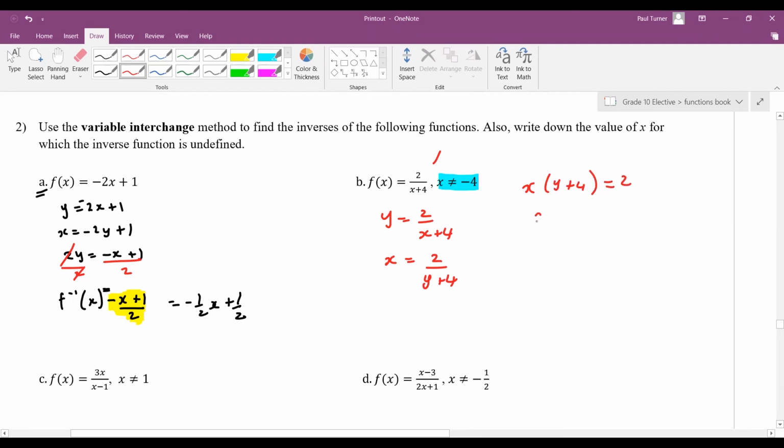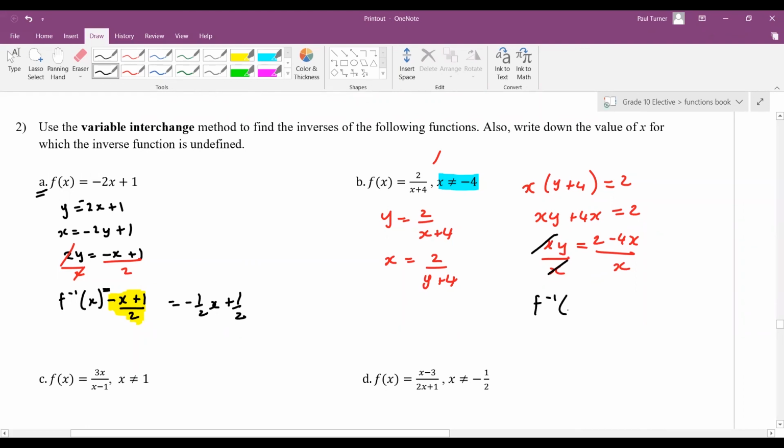Let's expand here: xy plus 4x equals 2. So xy equals 2 minus 4x, or minus 4x plus 2, same. Then we divide by x here to cancel the x from that side. Okay, so that would be your inverse function.